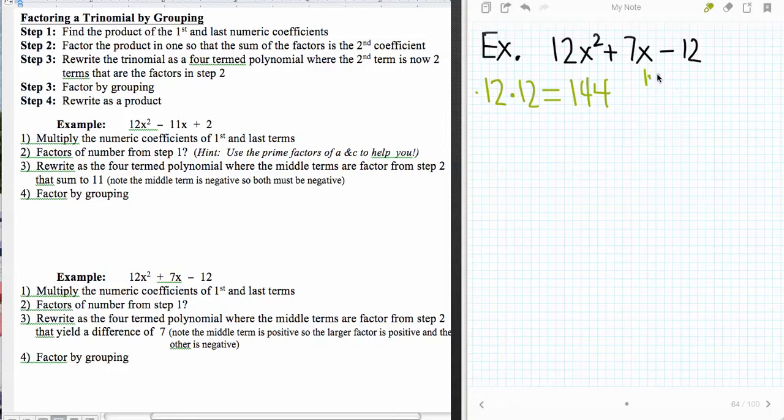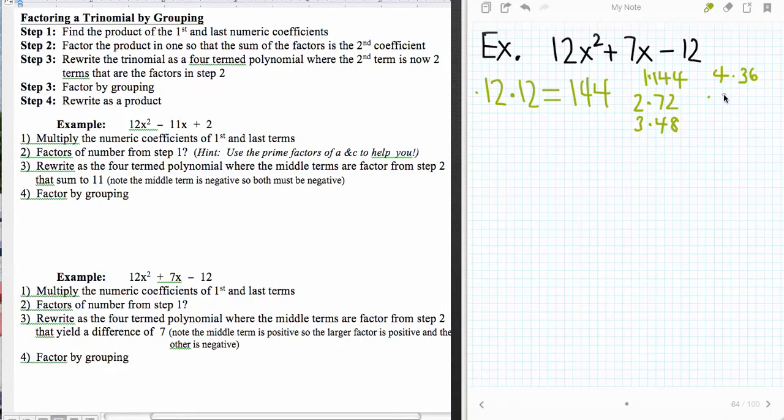So we have 1 times 144. Or we have 2, and then 2 goes into 14, 7, 2 goes into 4 2 times. Or we have 3 will go into 14 4 times with 2 left over, so 48. Then we have 4 will go into 14 3 times with 2 left over, and 4 will go into 24 6 times.